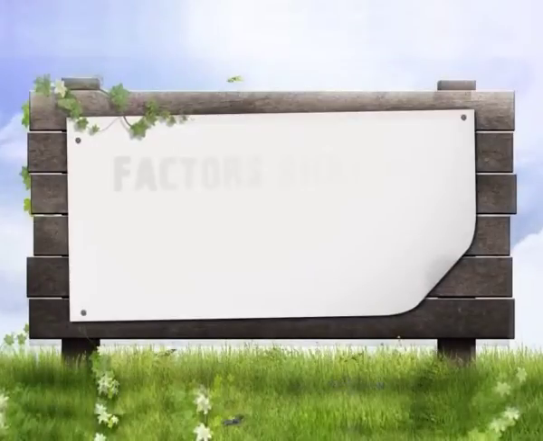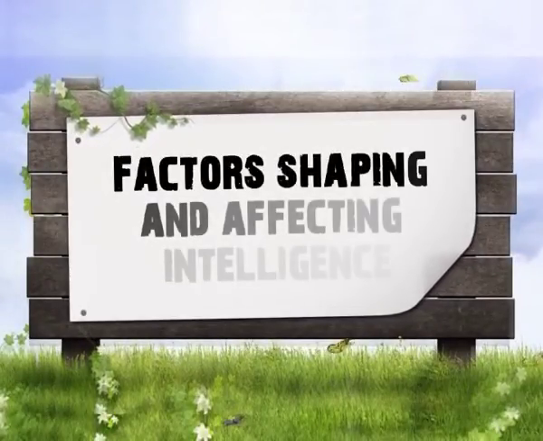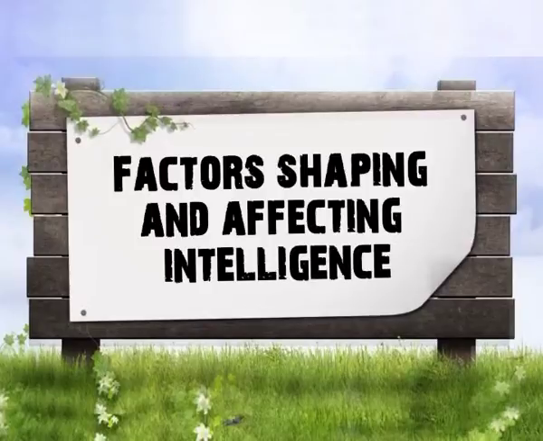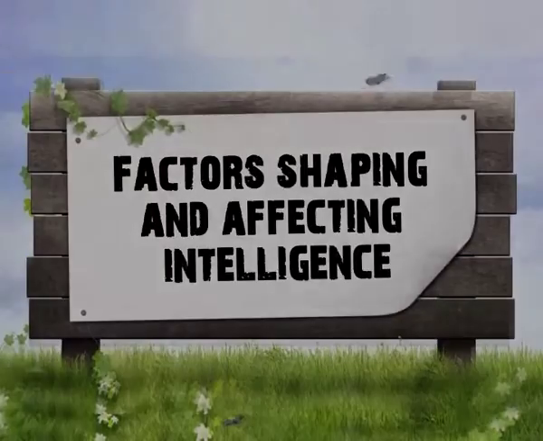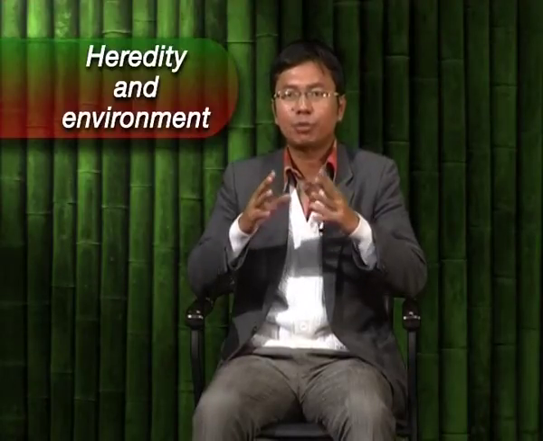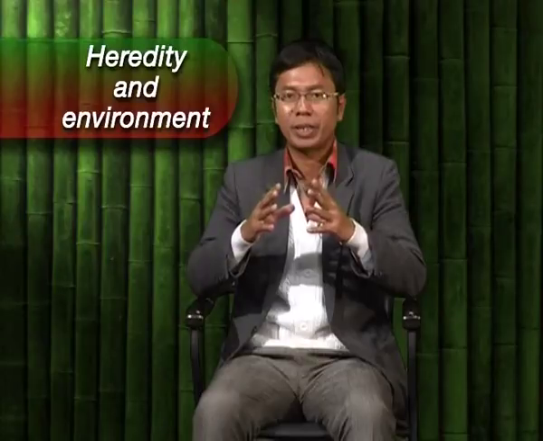Let us try to understand factors shaping and affecting intelligence. Hereditary and environment. It can be argued that intelligence is a product of the interplay between factors like environment and hereditary. Hereditary sets a range according to which an individual's development is actually shaped by the support and opportunities in a given environment.